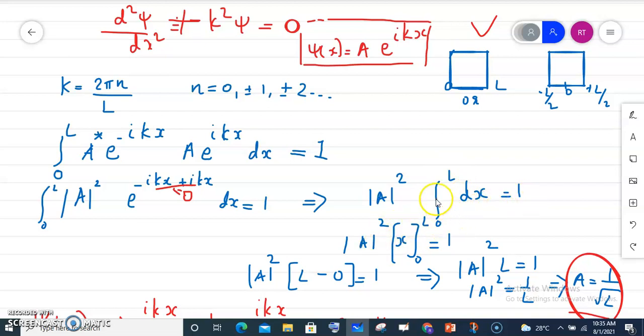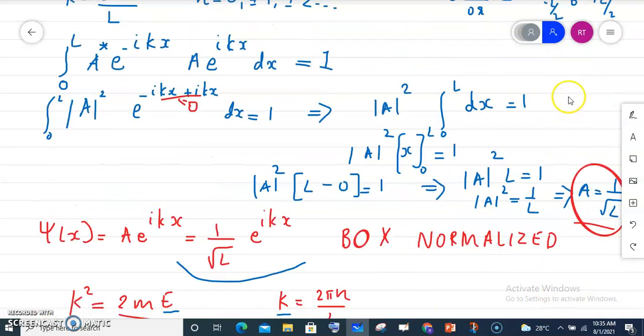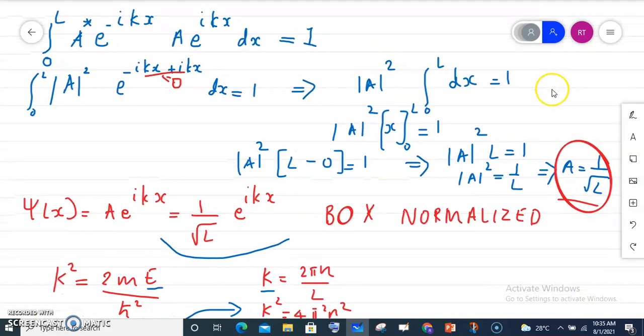Integral 0 to L dx is x between the upper limit L and lower limit 0. Applying the limits, mod A square into L minus 0 is equal to 1. That means mod A square is equal to 1 by L, or A is equal to 1 by square root of L.